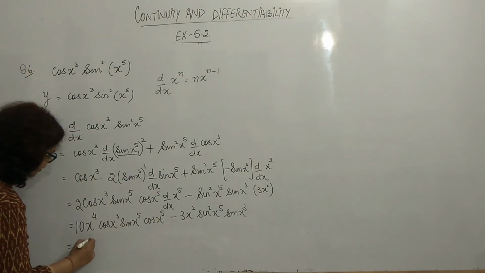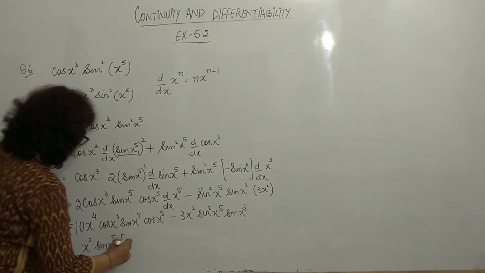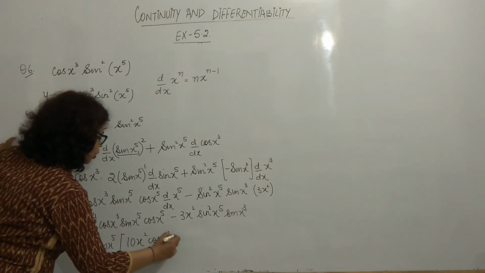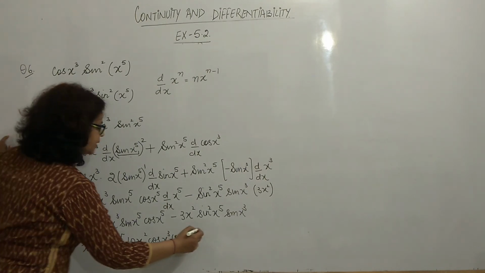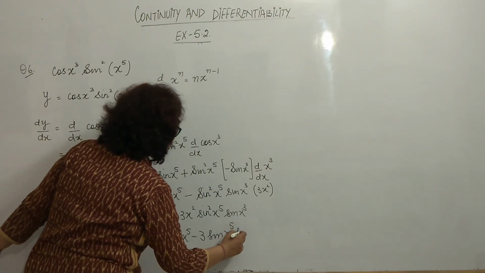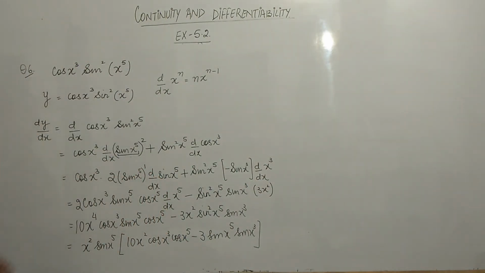So we can have x square sin x to the power 5 outside, and inside 10x square cos x cube cos x to the power 5 minus 3 sin x to the power 5 and sin x cube. And this is the whole solution. You need to look at it many times. You have to do it at least 2-3 times. Only then can you understand this question.